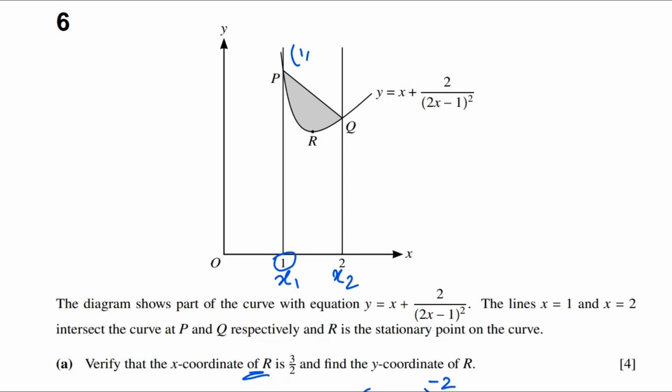To get the y coordinate value, substitute x equal to 1 in this equation. Similarly for Q, the x coordinate value is 2. To get the y coordinate value, substitute the value of x in this equation. Once you know the P and Q coordinate values, you can calculate the equation of the line PQ.